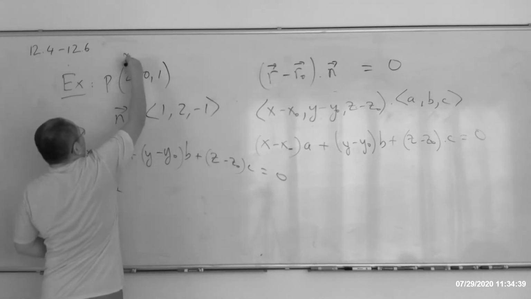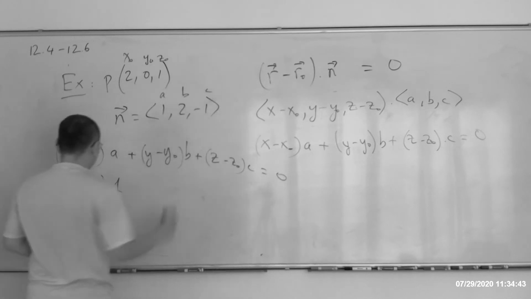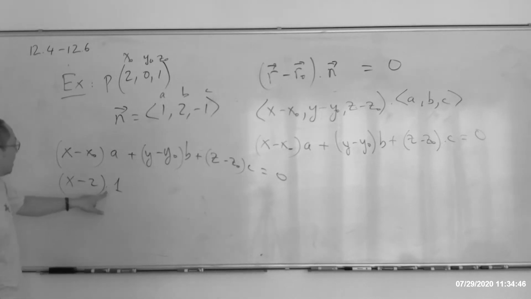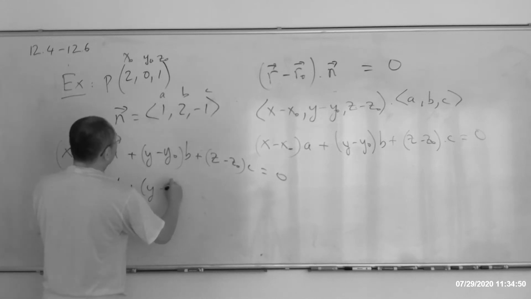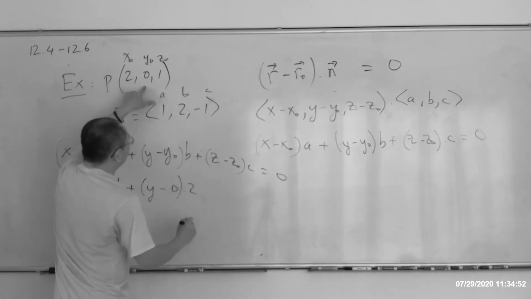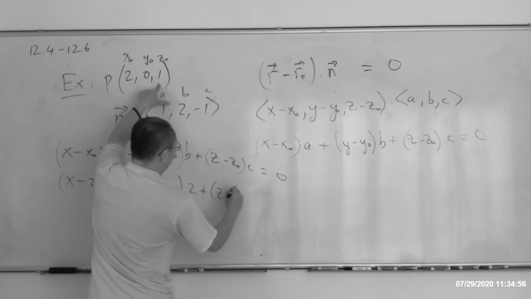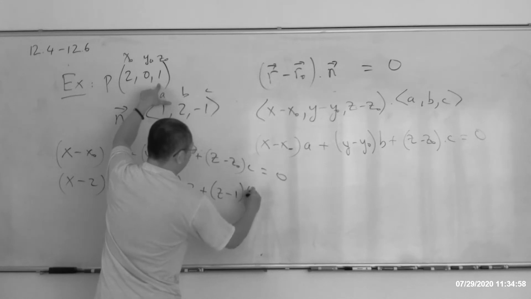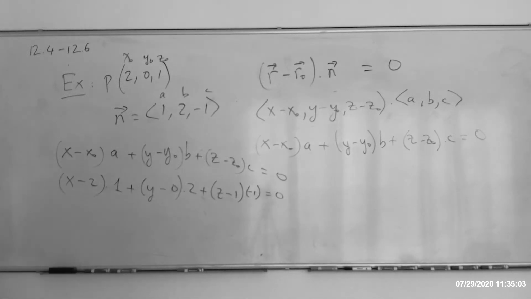This is X naught, this is Y naught, this is Z naught, okay? This is A and B and C. X minus 2 times 1 plus Y minus 0 times 2 plus Z minus 1 times -1 equal to 0. Then you multiply them out, you simplify by the like terms, you have the equation.